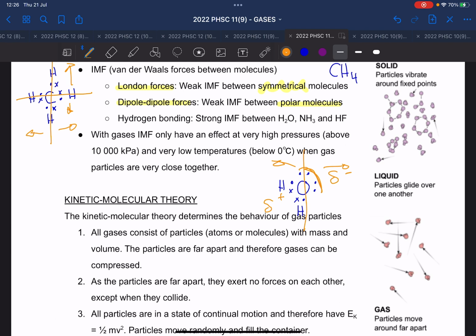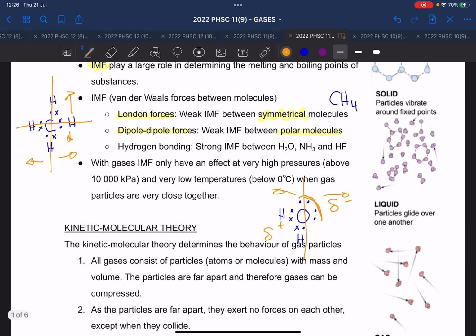Okay. Does everyone understand? Yes. Then hydrogen bonds are bonds between hydrogen and N, O, and F. Okay, that forms hydrogen bonds.